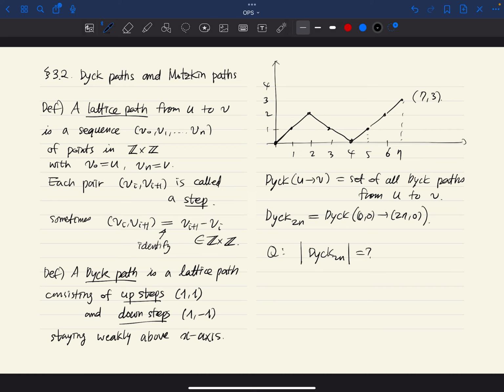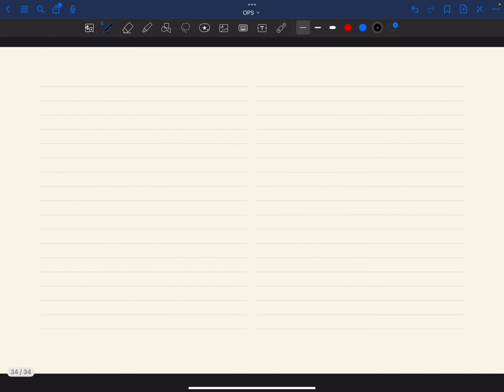So let's try to do that. Let C of x be the generating function for the Dyck paths of size 2n, n greater than or equal to 0, x to the n, like that. Okay, so let's find a formula for this generating function.